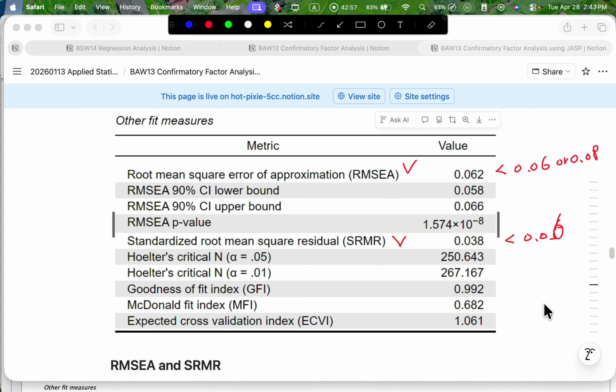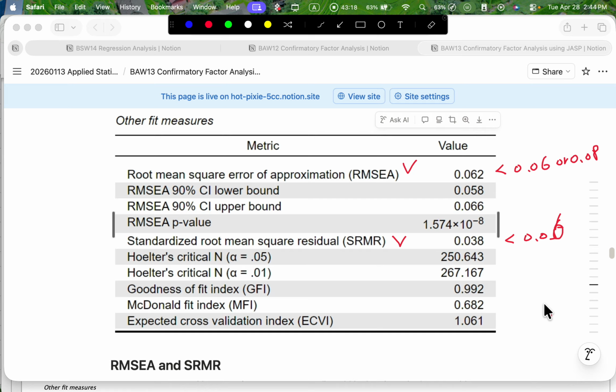What else? In this table, what else can we report? Right now, I already reported a few indexes. Based on this table, what else can you report?